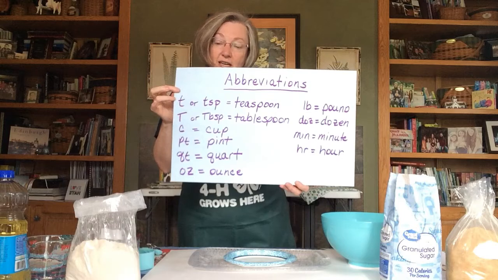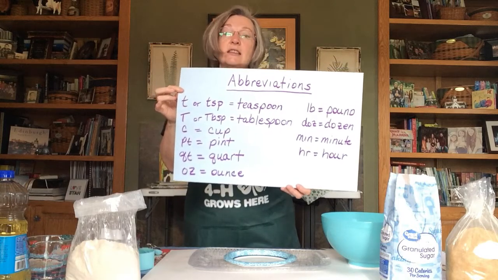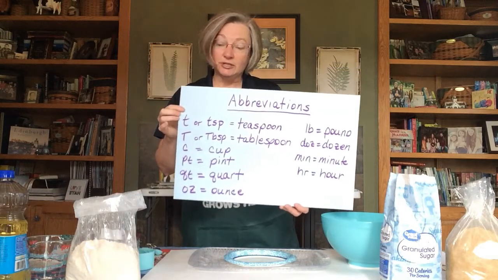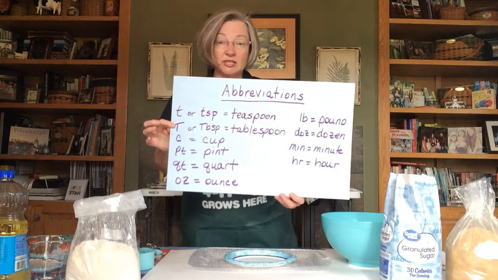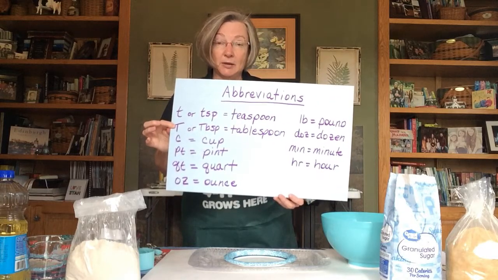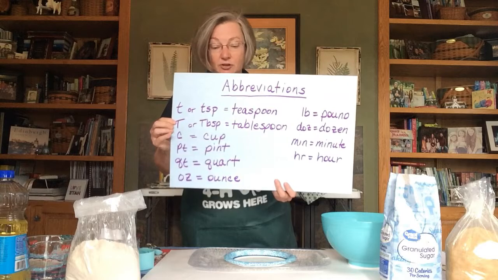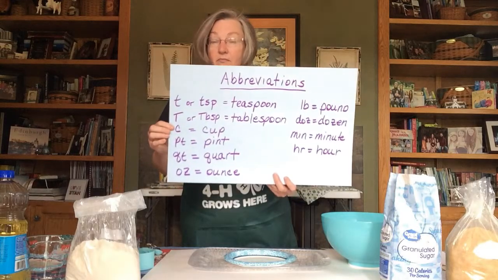So a small t or a TSP is an abbreviation for a teaspoon. A capital T or a TBSP is an abbreviation for a tablespoon.